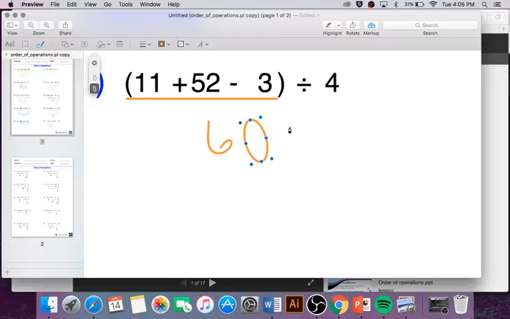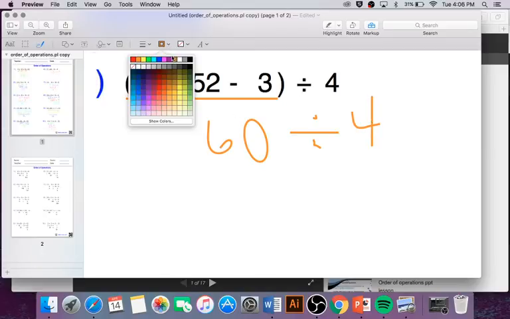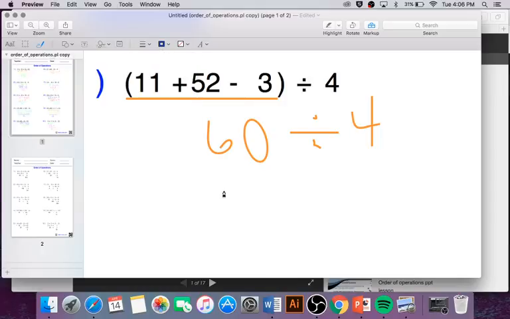So we have 60 divided by 4. 60 divided by 4 is 15. So our answer is 15.